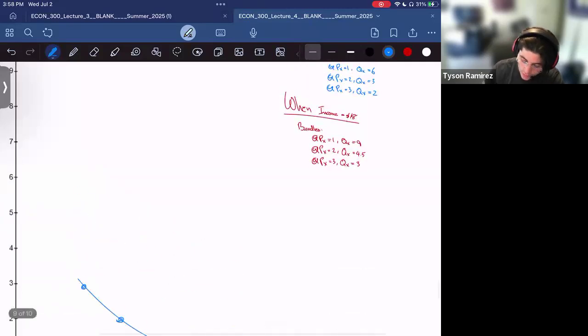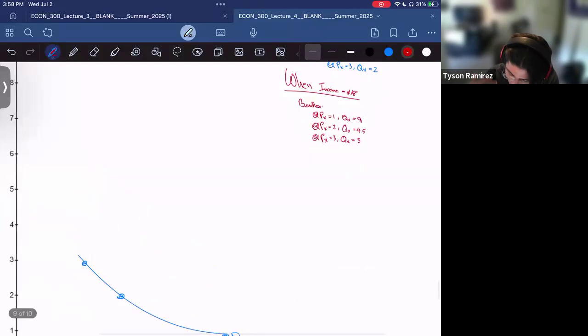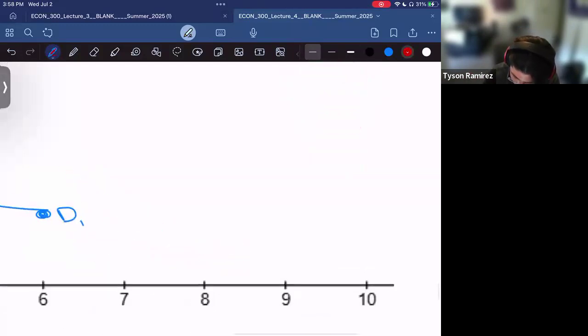Now let's do this again, but for the red points, the points which correspond to when income is equal to $18. When income is $18, then at a price of $1, instead of 6, we demand 9.